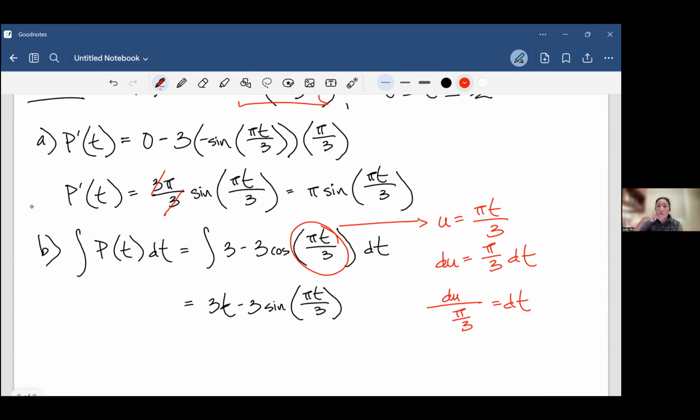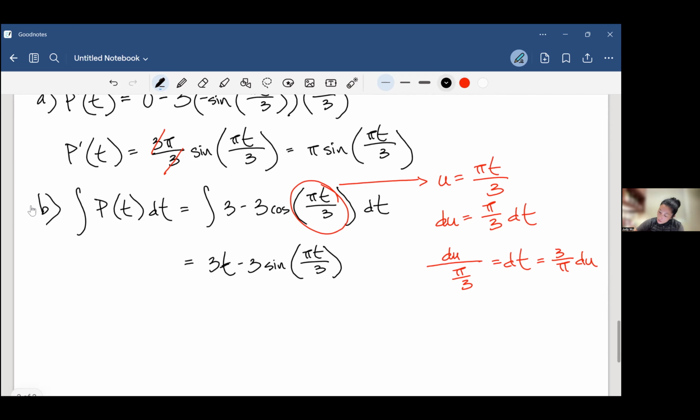And one of the things I really want us to remember is when we're dividing by a fraction, it's the same as multiplying by the reciprocal. So in other words, I could say dt is equal to 3 over pi du. Okay? So when I integrate, there's an extra 3 over pi that I have to multiply that came from my u sub.